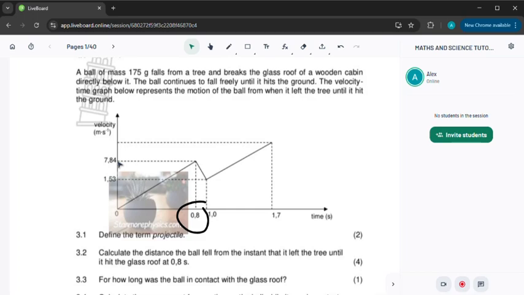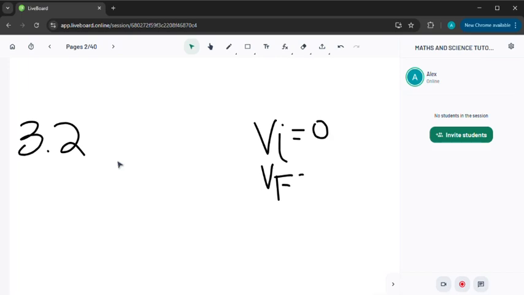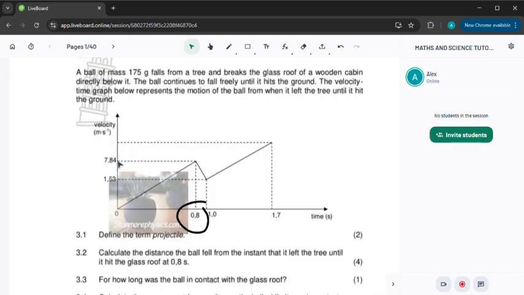Right, so you can choose direction. Let's choose up as positive, down as negative. So 3.2, we've got initial velocity, which is 0. It's very important to collect data, just like I said. And then final velocity is 7.84.